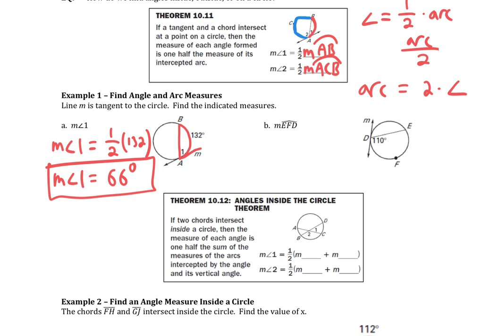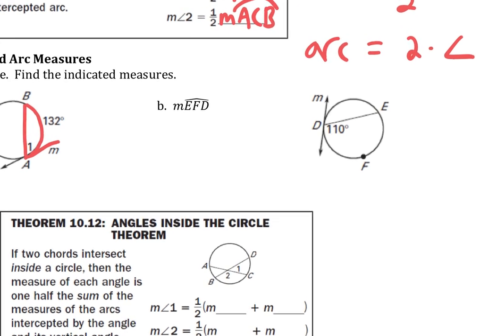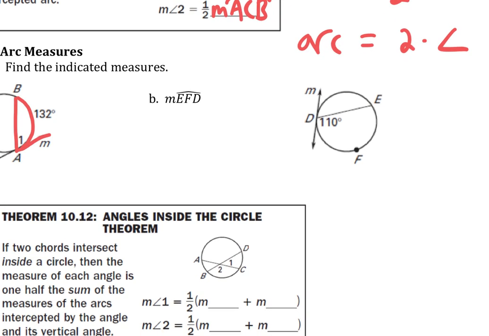Always feel free to pause this video and give it a try if you would like. Sounds good. For B here, we're looking for measure of arc EFD, which is this one right here. In this case, we actually know the angle right here that intercepts it, which is 110. So we're looking for this arc over here. Is that going to be double or half?